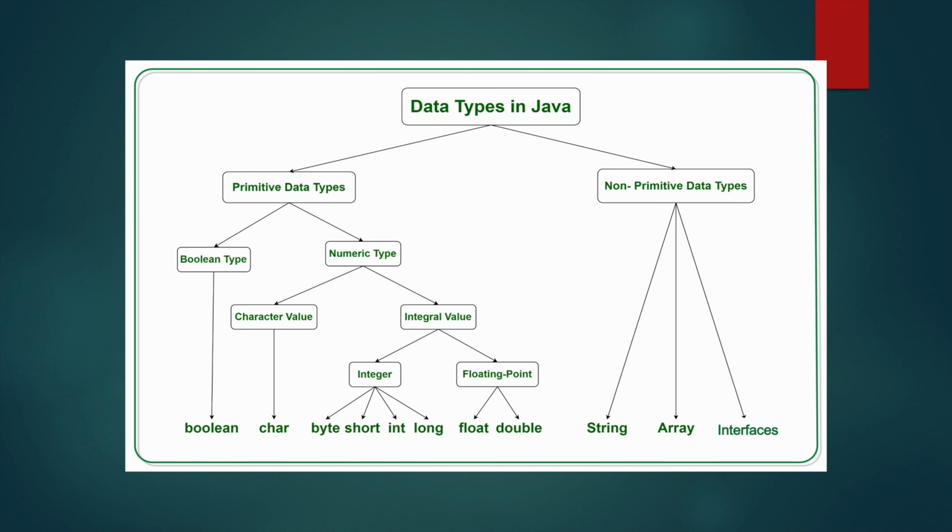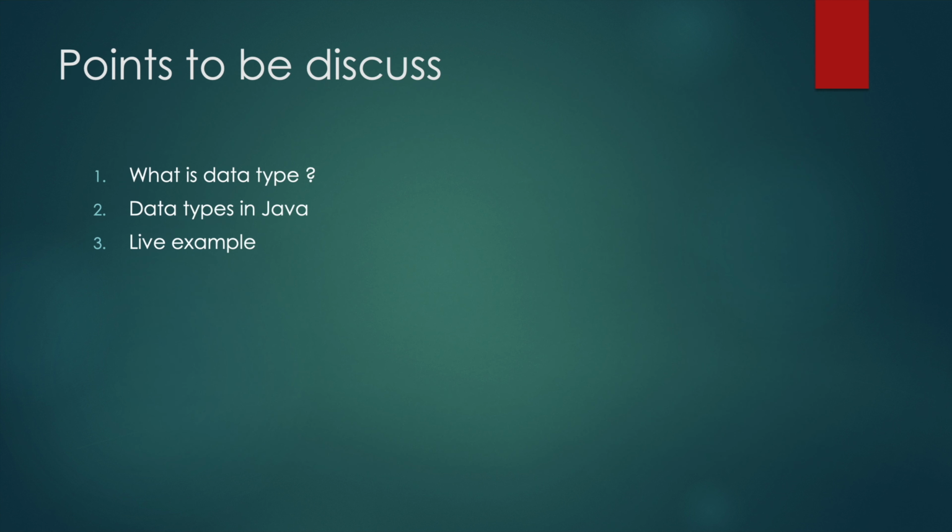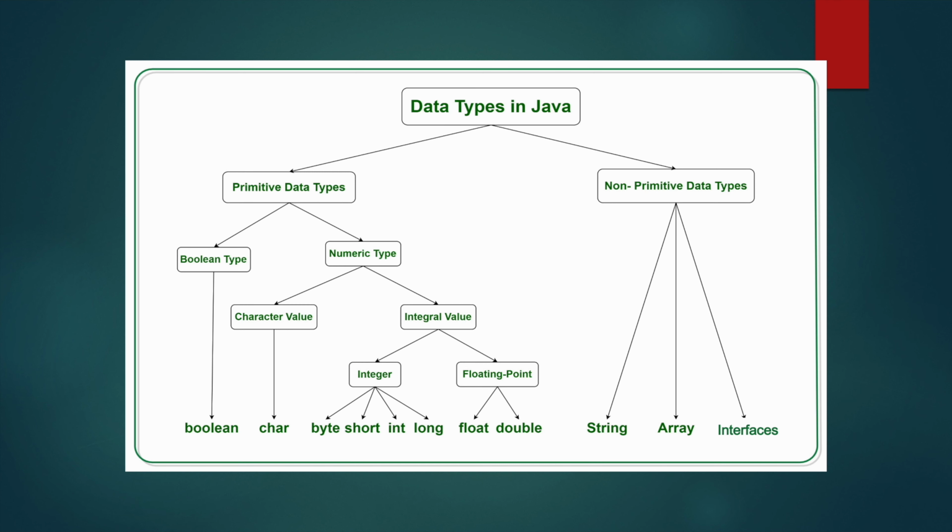I have created a flow chart of data types. The second one is data types, the types of data. There are two types of data types. The first one is primitive data type, and the second one is non-primitive data types. Let's have a glimpse at the first, primitive data type.